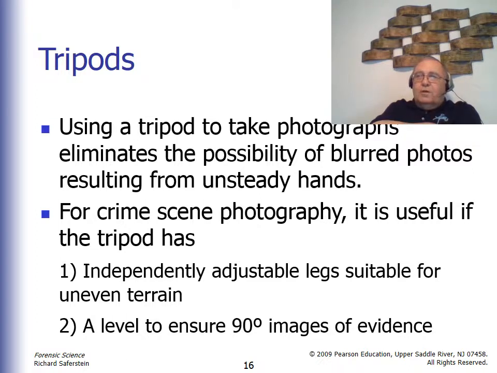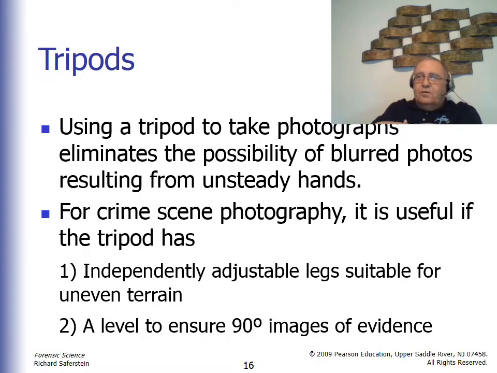So when you're shooting evidence photography for things that are going to be used for comparison purposes, whether it's a bullet projectile, fingerprint, tool mark, or any other thing that can be used for comparison, you're going to be required to use a tripod.